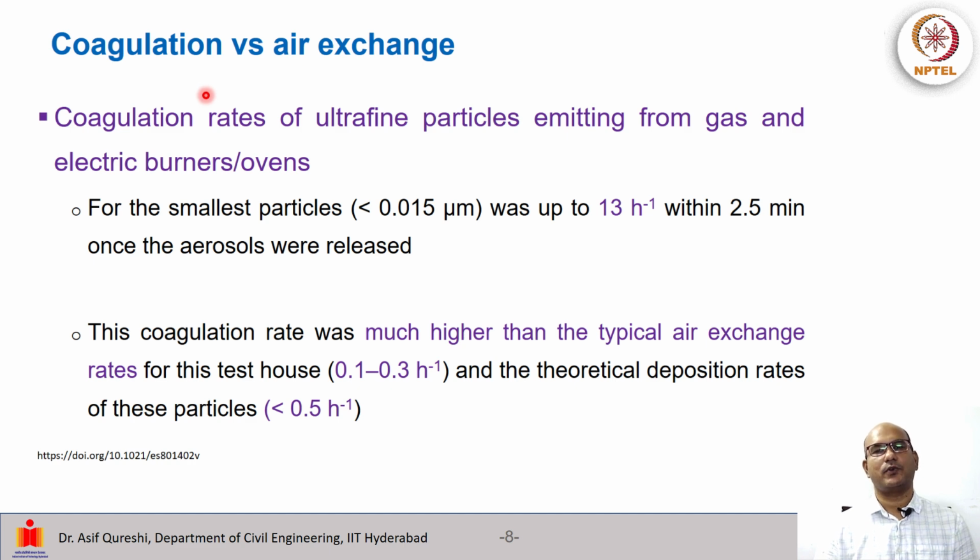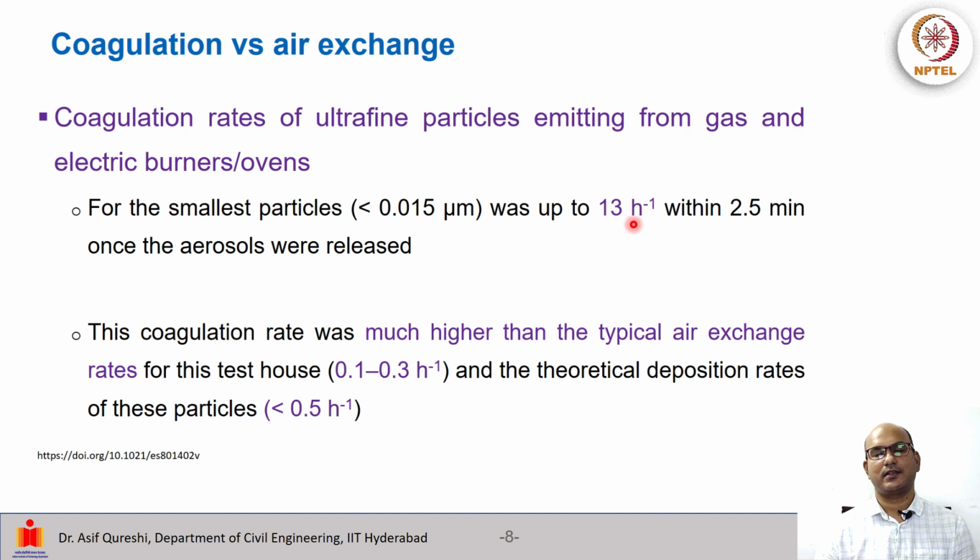If we compare coagulation and air exchange rates, in case of coagulation rates of ultrafine particles that were emitted from gas and electric burners and ovens, the coagulation rate for the smallest particles, so less than 0.015 microns, so less than 15 nanometers, was up to 13.5 per hour within 2.5 minutes of the release, which was much higher.